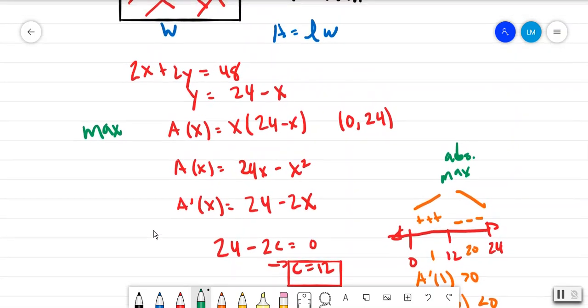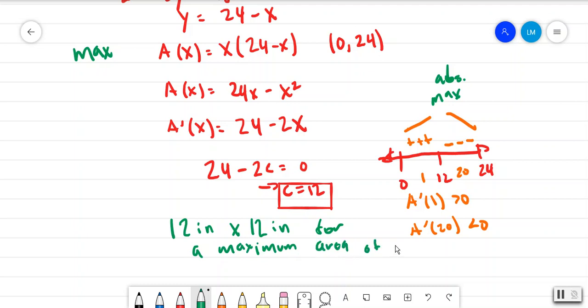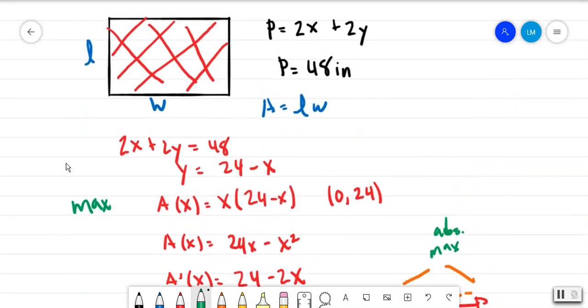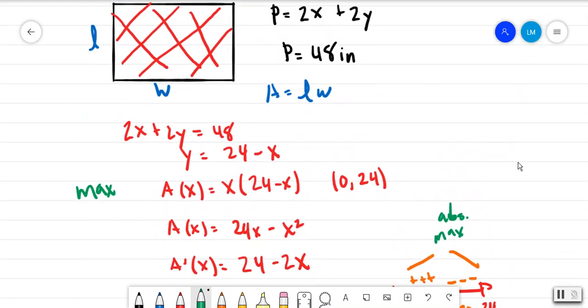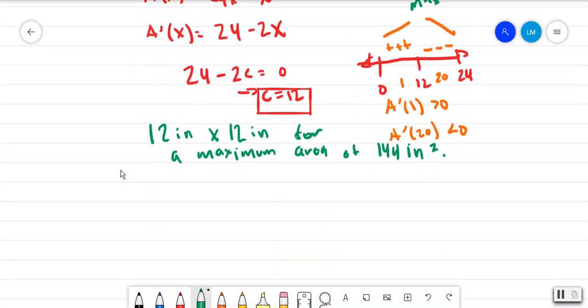So what that means is that this is going to be 12 inches by 12 inches for a maximum area of 144 square inches. Now it is true that technically this becomes a square, and that's just because of the nature of the values that we got. I mean, if we would have specified something different, maybe we would have got something else.